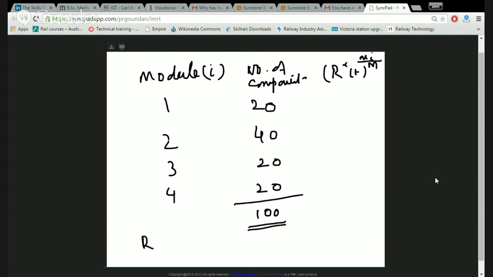Given the system reliability is 0.9. I am saying here all the components are equally important. If one of them fails, the whole thing fails. That is Wi equal to 1. Equal importance. In the previous example we saw unequal importance. This is equal importance. So what will be this?